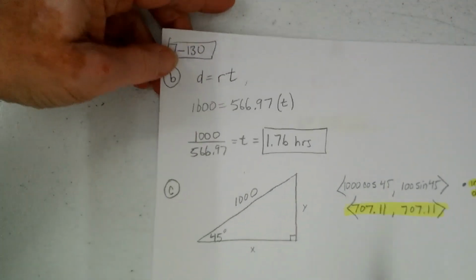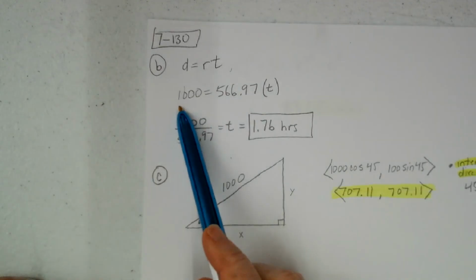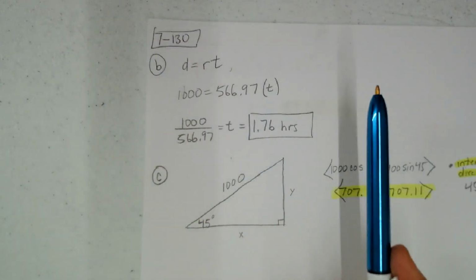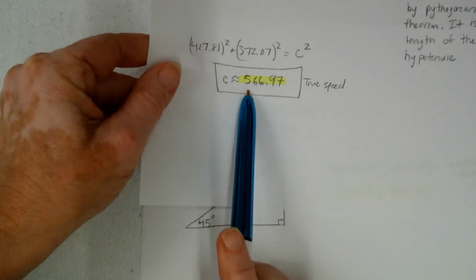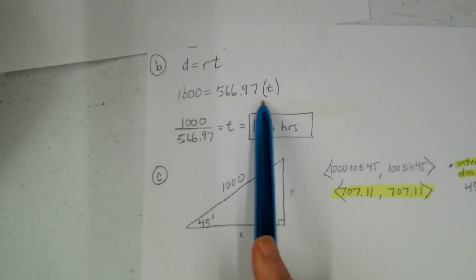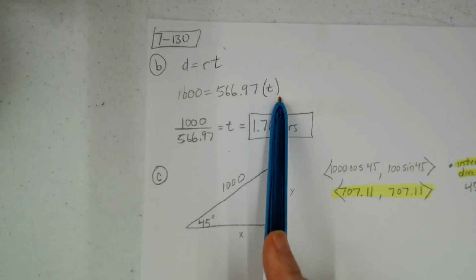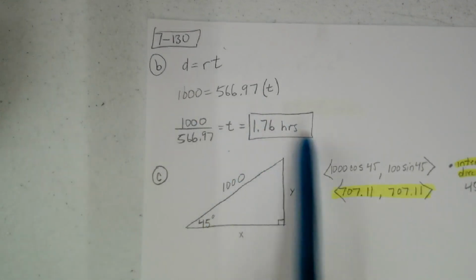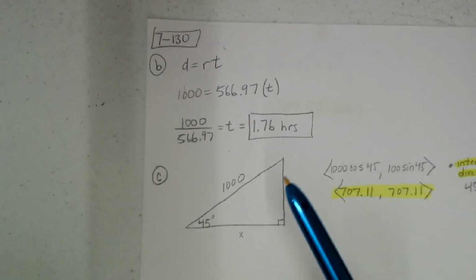If we want to go 1,000, that's going to be the distance. Remember the rate that we just found? The rate we just found was 566.97 times time. And if I want to know what time is, I divide both sides by 566.97 and I get 1.76 hours. So that is the answer for letter B.